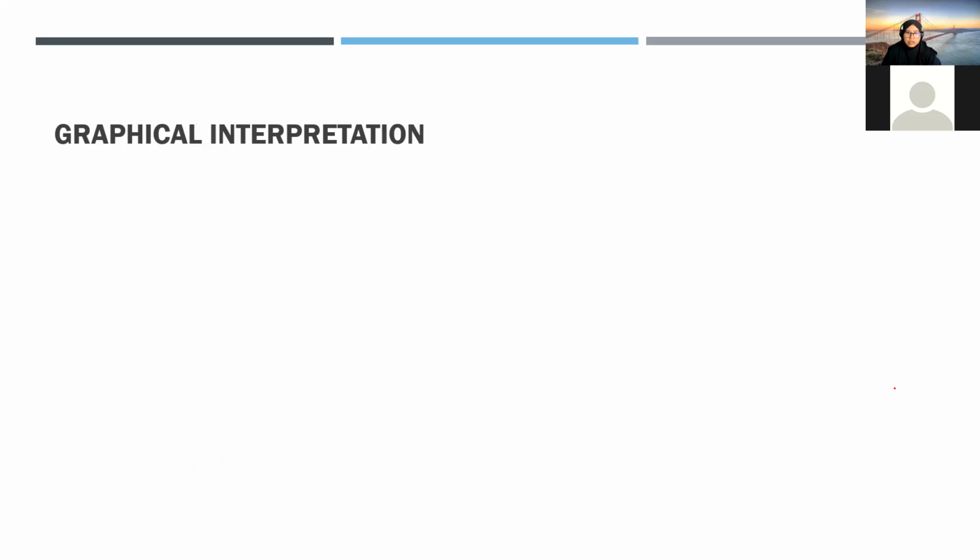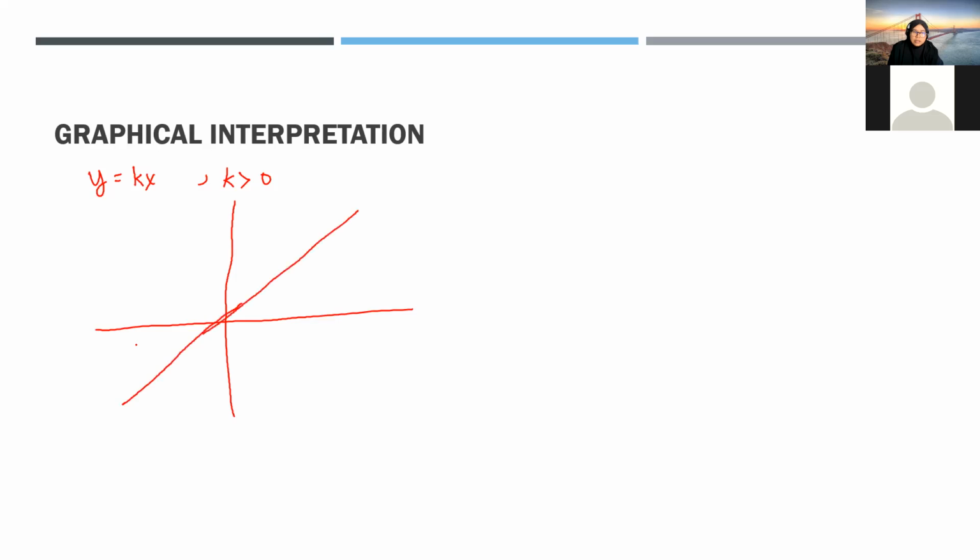Graphical interpretation. So for example, if I say y equals kx, let's say k is positive, and you can understand that you can have as many linear lines as possible, as long as it's a straight line.